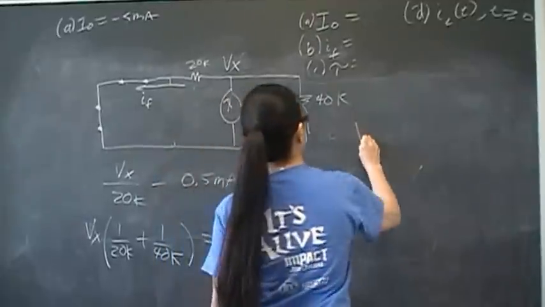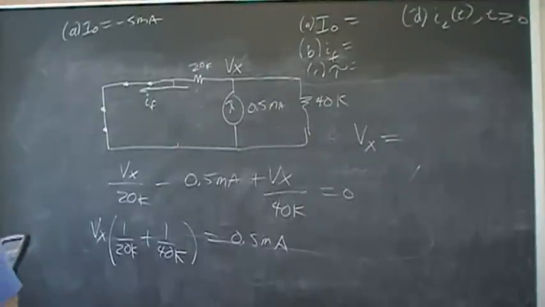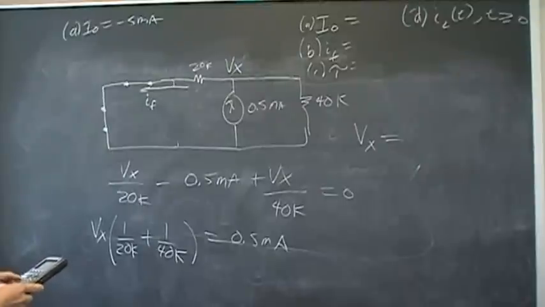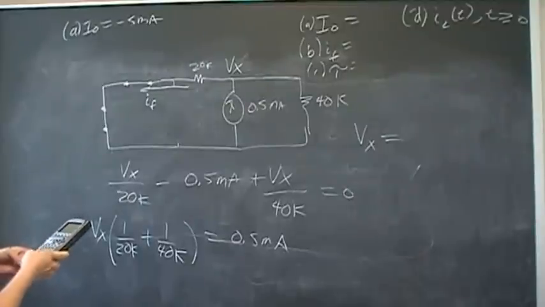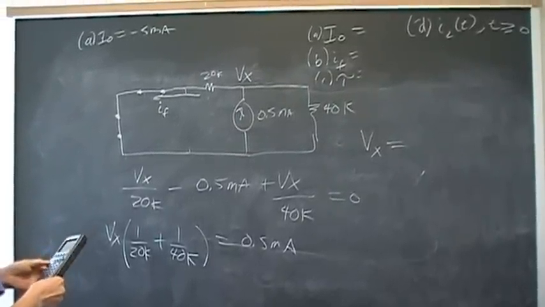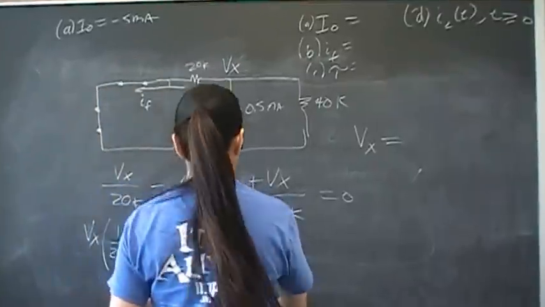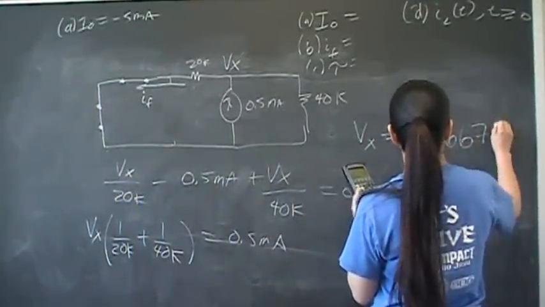So then Vx is equal to, let's figure it out. We got 0.5 milliamps divided by 1 divided by 20K plus 1 divided by 40K. So then this tells me that Vx is 6.6667 volts.